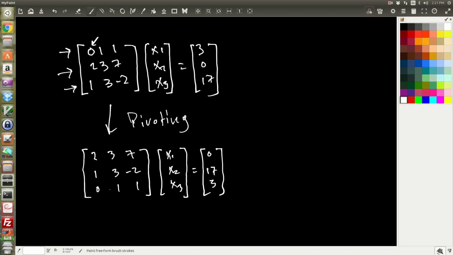So when we implement a computer program that doesn't use pivoting, so we just proceed without even trying to check if we need to pivot, that's called naive Gauss elimination. When we introduce pivoting, we call it Gaussian elimination with partial pivoting.